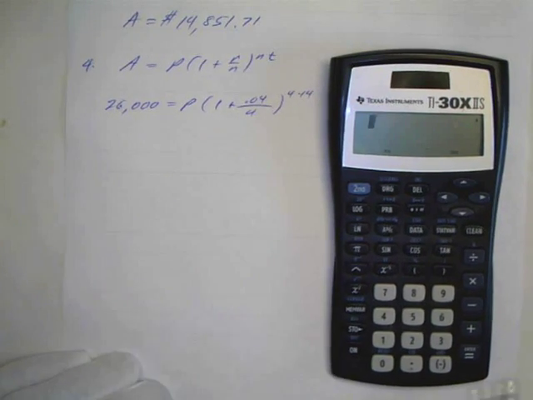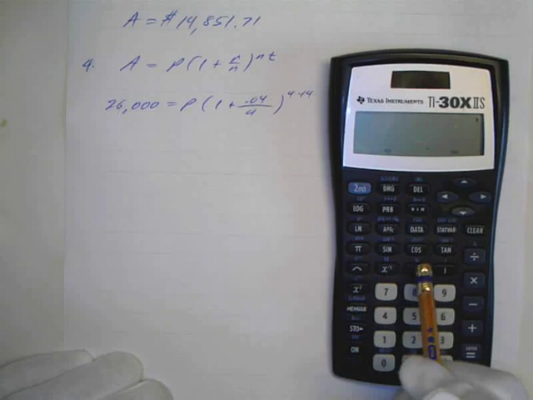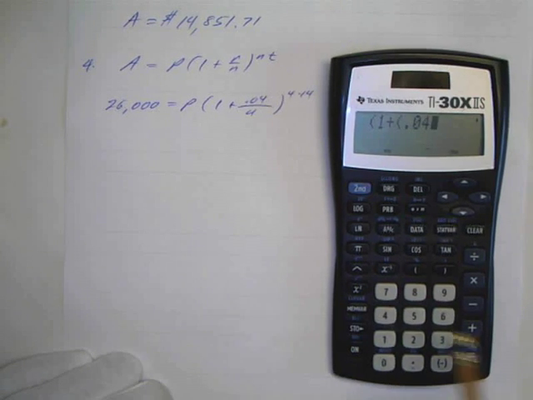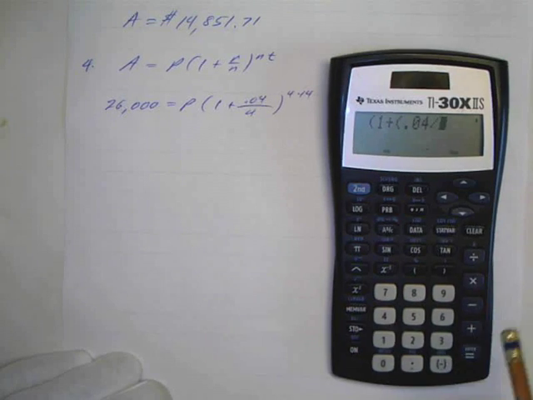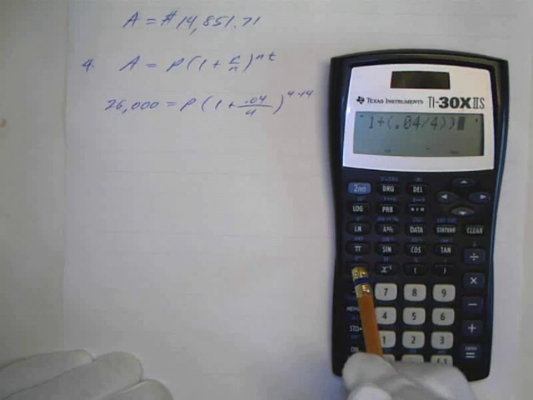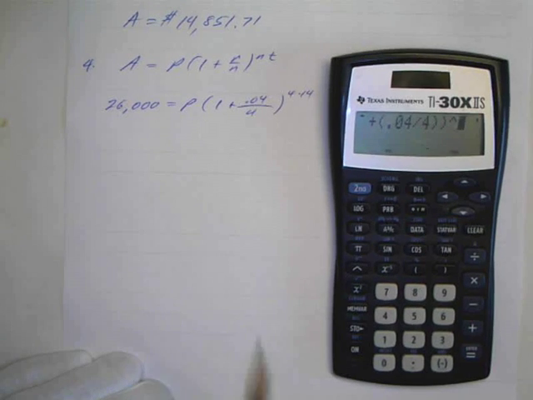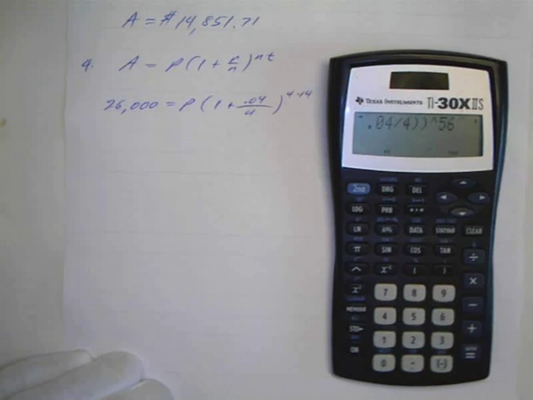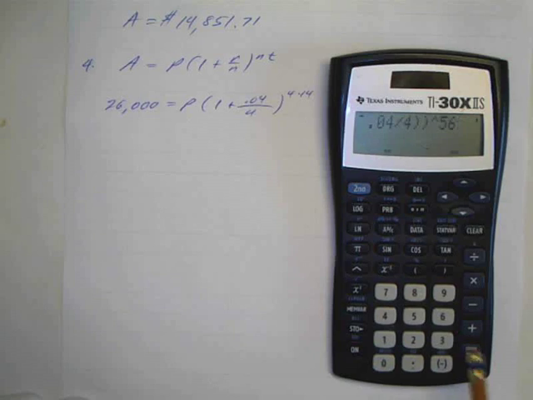Let's do the 1 plus, so we'll put parentheses, 1 plus, and in parentheses 0.04 divided by 4, and a parentheses around that, and then a parentheses around the whole thing. We're going to raise that with the caret, that's a little caret, raise that all to 4 times 14, which is 56. And we'll get a nice number there.